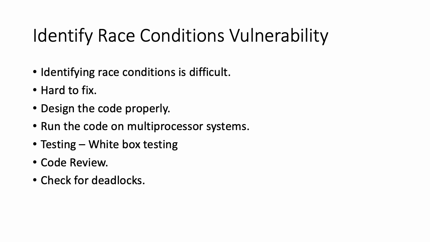The next is how to identify these race conditions. Since we know about race conditions and the impact they can create, it is very important for us to identify them.